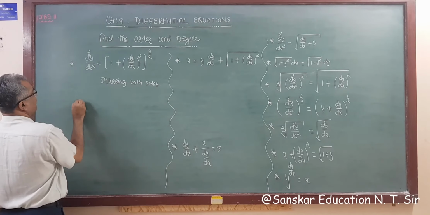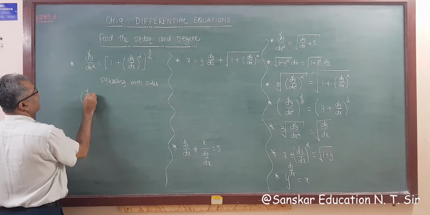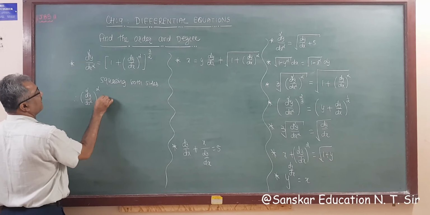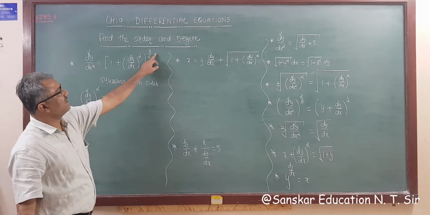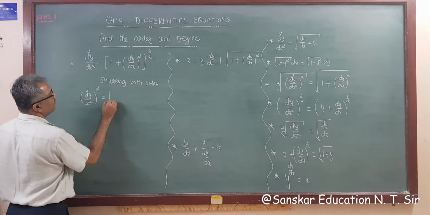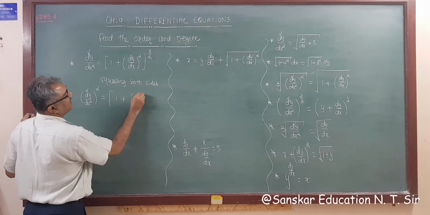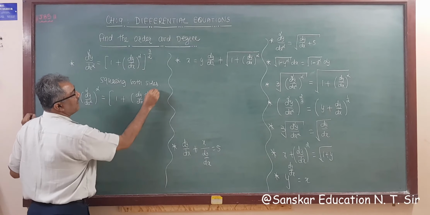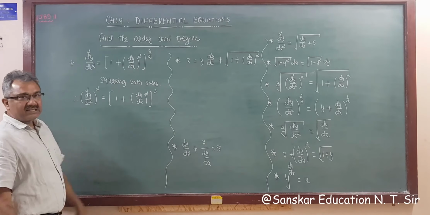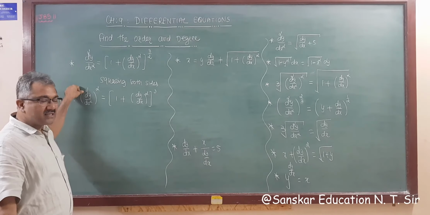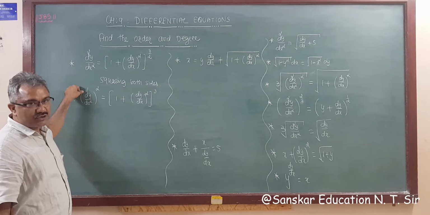We get square of this, that is d square y by dx square whole square is equal to, if we square this, multiply 2, that means 2 will be cut, so power will be remaining 3. So this is 1 plus dy by dx whole square to the power 3. Now highest order derivative is 2, means order of this differential equation is 2.